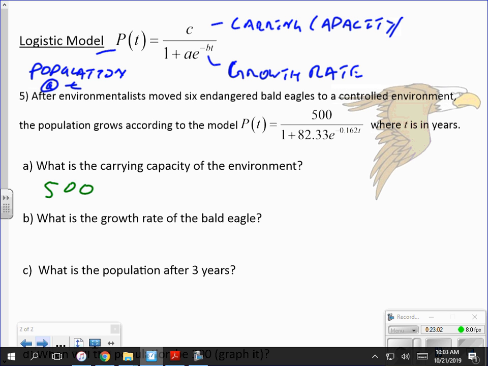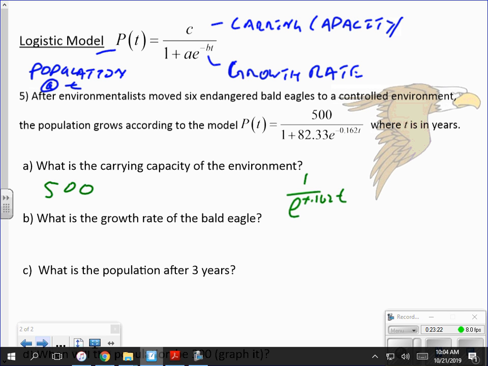When I'm raising something to a negative value, that's the same as 1 over that value to the positive 0.162t.